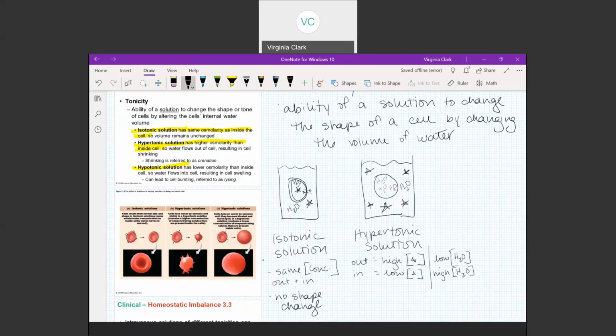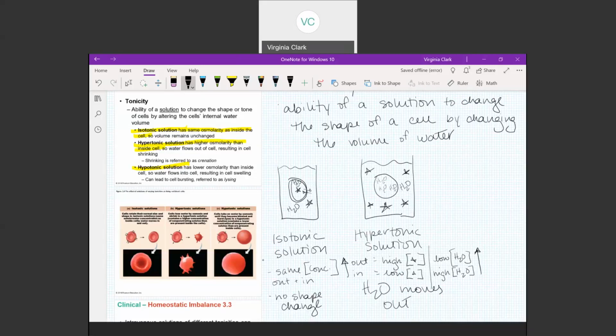In a hypertonic solution, liquid wants to move out of the cell. Things will move from a high concentration of water to a low concentration of water. So things will move this way, from in to out. In a hypertonic solution, water moves out.